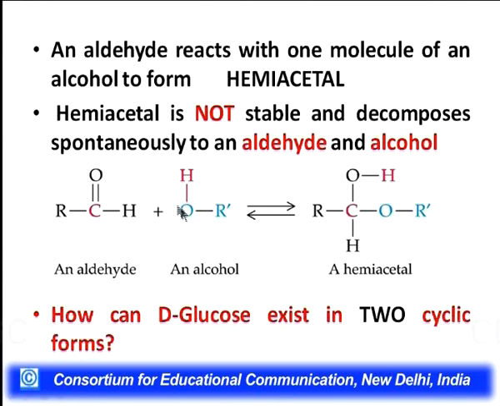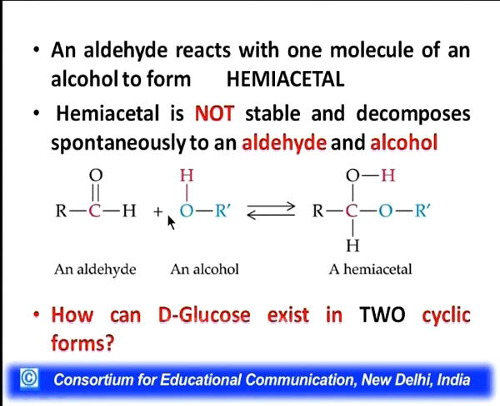That is, the lone pair of electrons on oxygen acts as a nucleophile, and as we've seen, in this carbonyl group the carbon has a partial positive charge and oxygen has a partial negative charge, because of the difference in electronegativity of carbon and oxygen.